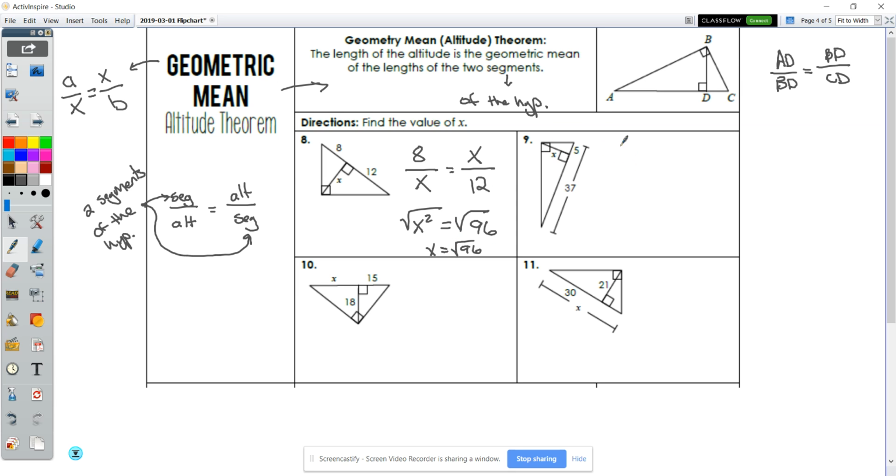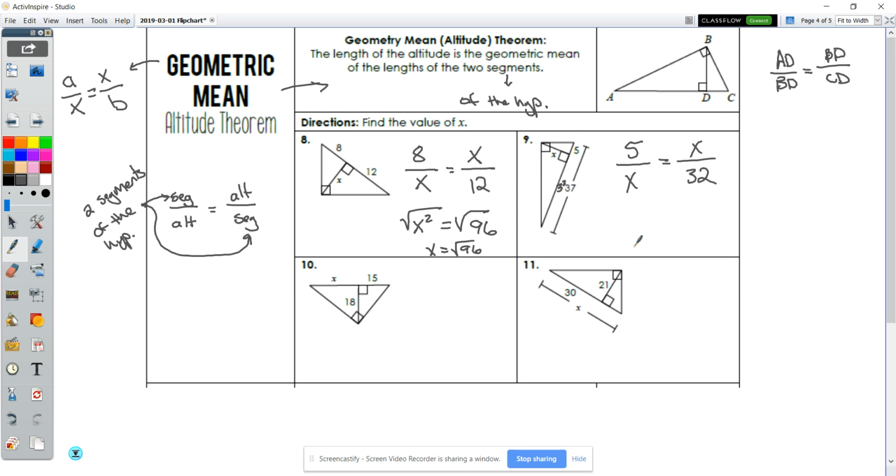Now, let's look at this next one here. It's basically the same problem, right? Because we have an altitude. We have one of the segments. We could figure out the other one because we have this whole hypotenuse. But I'm going to say the altitude, in this case, again, the altitude is x. The altitude equals, right? And we've got the two segments of the hypotenuse, 5, and this other one would be 32, right? 37 minus this 5, 32.